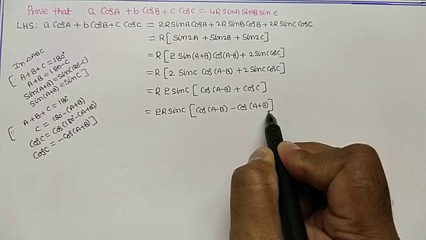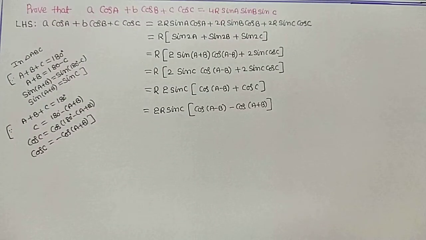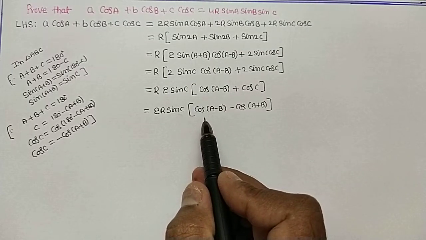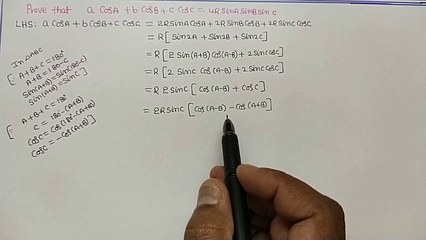We know again formulas from transformations: cos of A minus B minus cos of A plus B is 2 sin A sin B. Suppose you do not remember, you have to write the formula for cos of A minus B and cos of A plus B, then expand and cancel the terms.